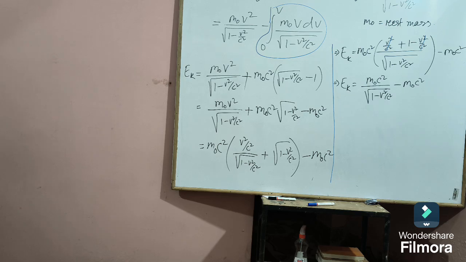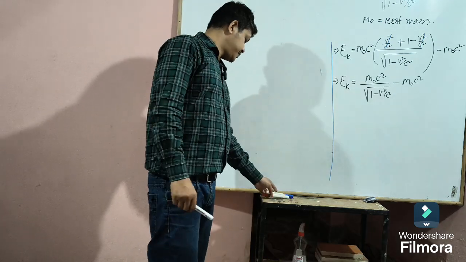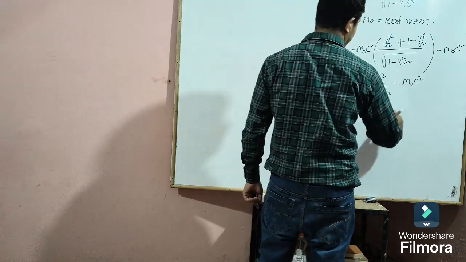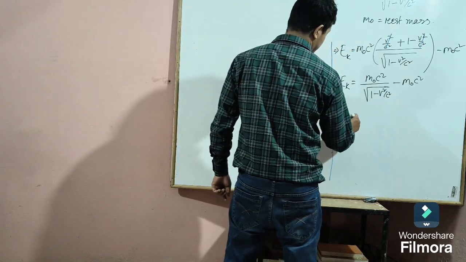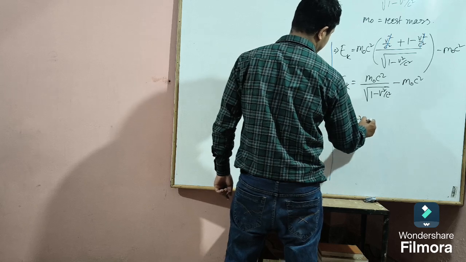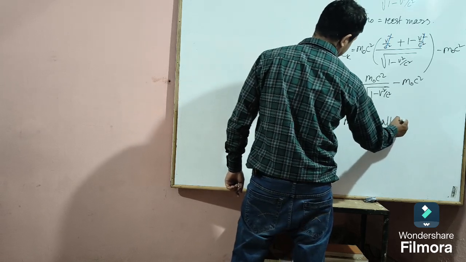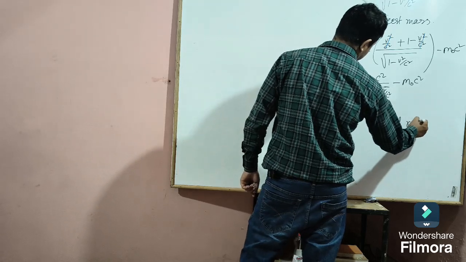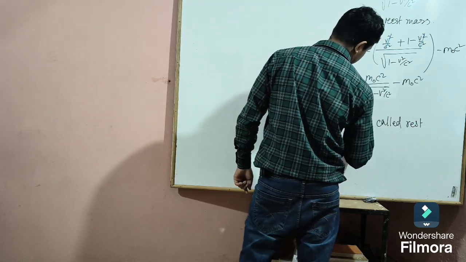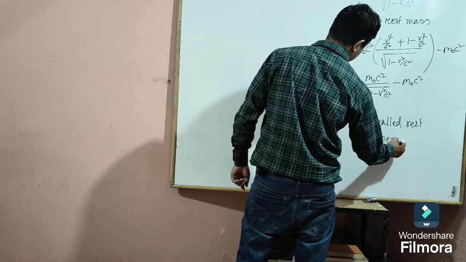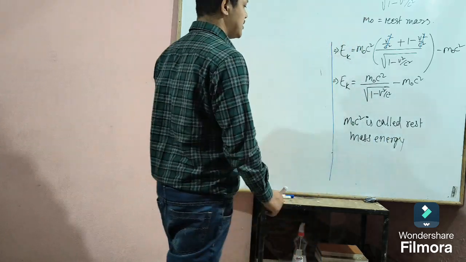I'm gonna clean this board, left part. Okay, see, this quantity m naught c square is called rest mass energy.